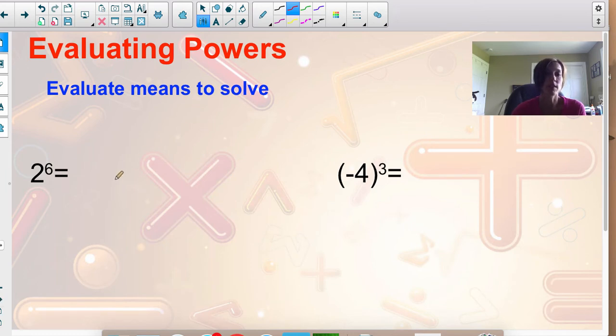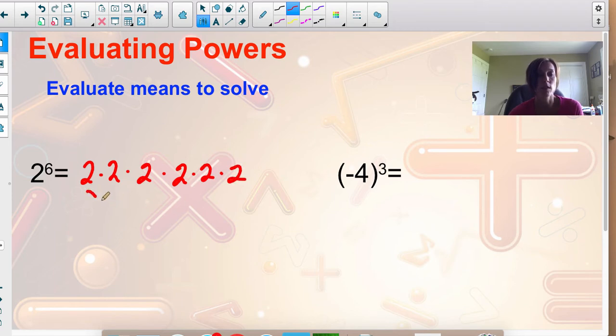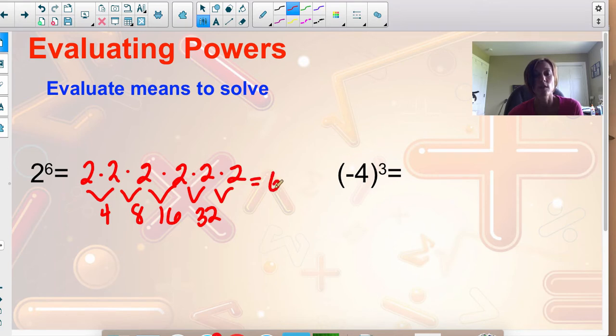Evaluating powers. Evaluate means to solve, so this one they actually expect our multiplication. So we're going to go ahead and write it out. The base is 2. We are repeating it 6 times, says the exponent. 2 times 2 is 4, 4 times 2 is 8, 8 times 2 is 16, 16 times 2 is 32, 32 times 2, I'm going to end with 64 for the answer for that one.